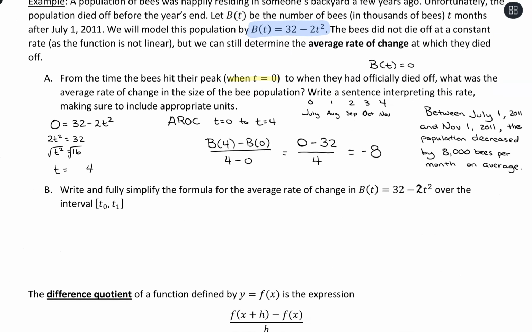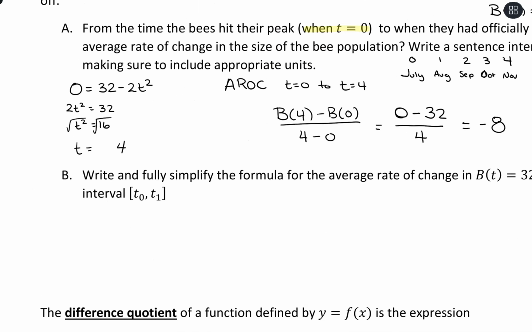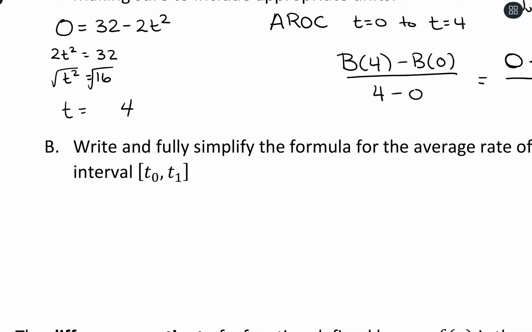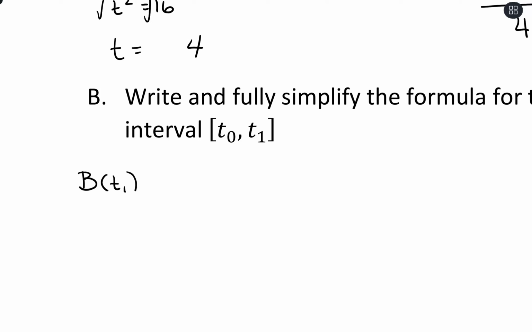Okay, so now let's say we just want to get a general form of, given any two times, which we're going to call t0 and t1, what is happening with this rate of change? And we want to simplify that. So we're looking at b of t1 minus b of t0 over t1 minus t0.